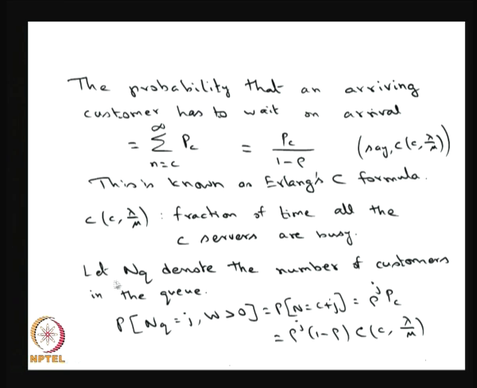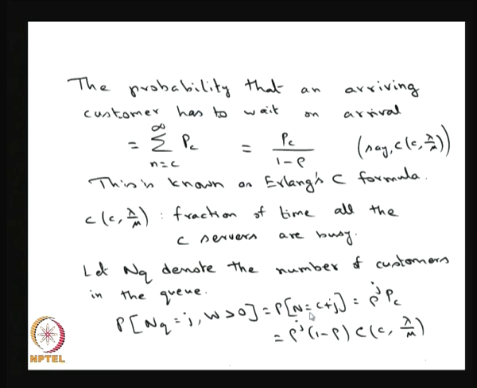The next quantity is NQ, which denotes the number of customers in the queue. So I use the letter N suffix Q; earlier I used the letter Q itself. For that, I am finding the joint distribution: what is the probability that the number of customers in the queue is J and the waiting time W is greater than 0?